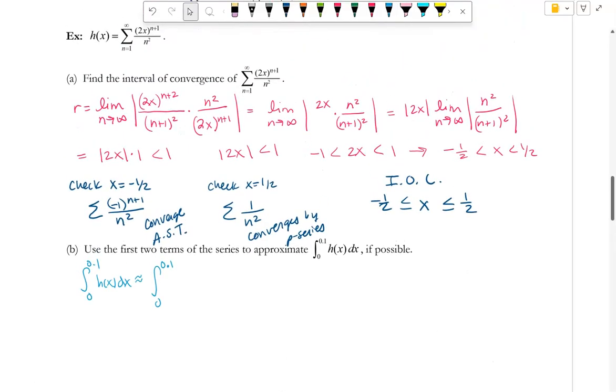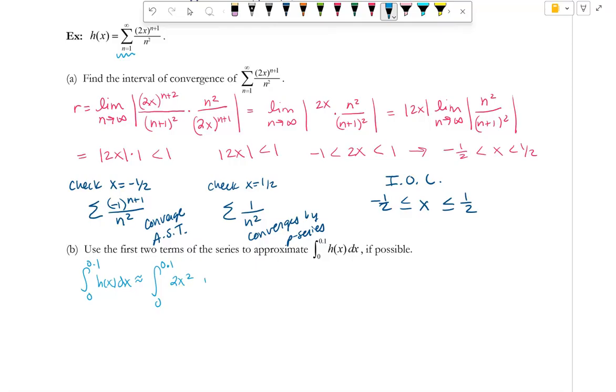I have to look at my series again. When I plug in n equals 1, because again, I would start with n equals 1, I'm going to get 2x squared. Well, 2x squared divided by 1 squared, so 2x squared.